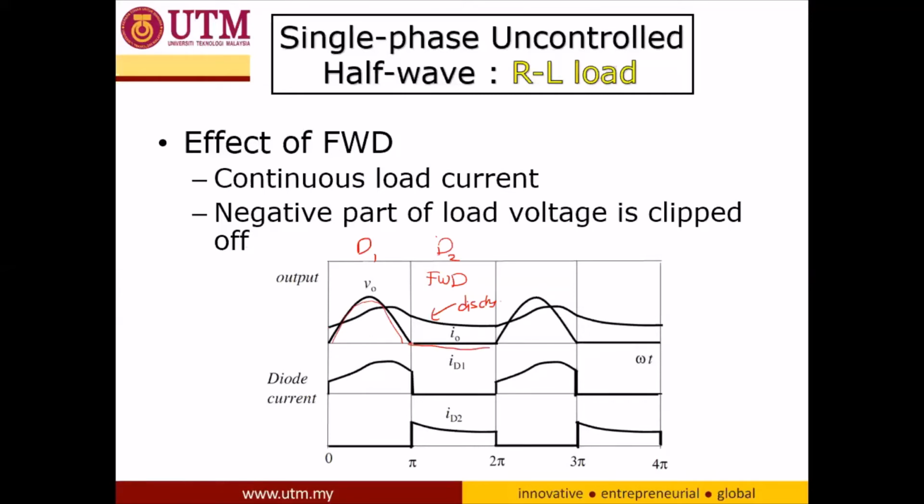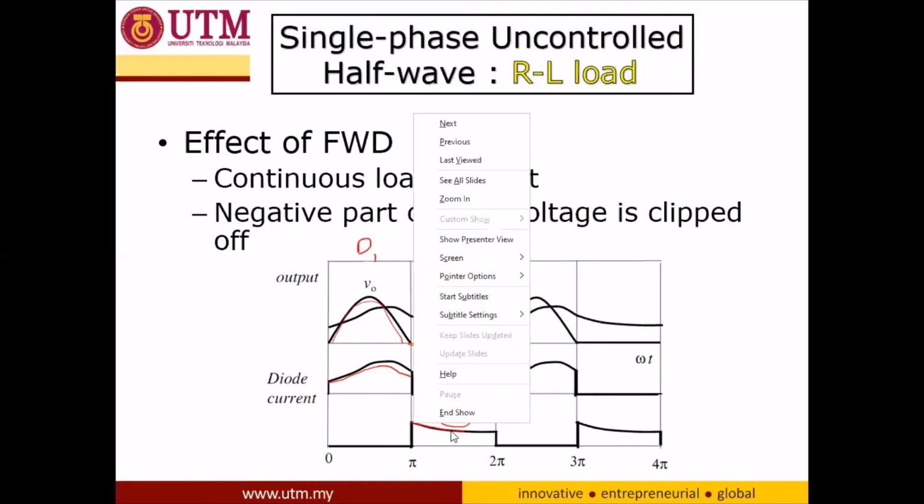This is the current of diode D1, and this is for D2. For the positive cycle, D1 takes the current, while for the negative cycle, D2 takes over the current.